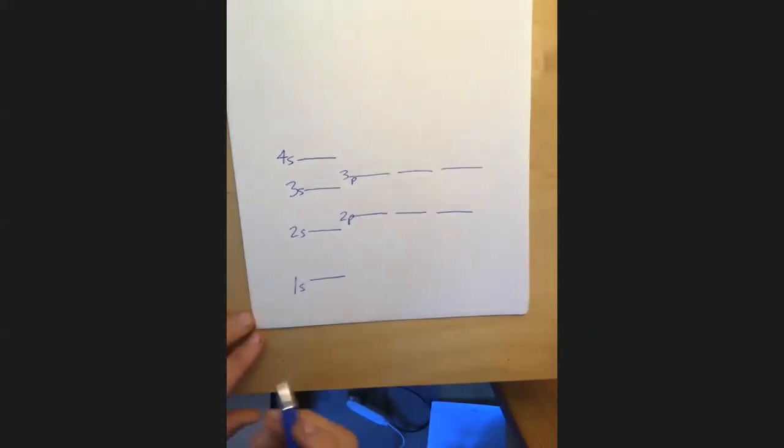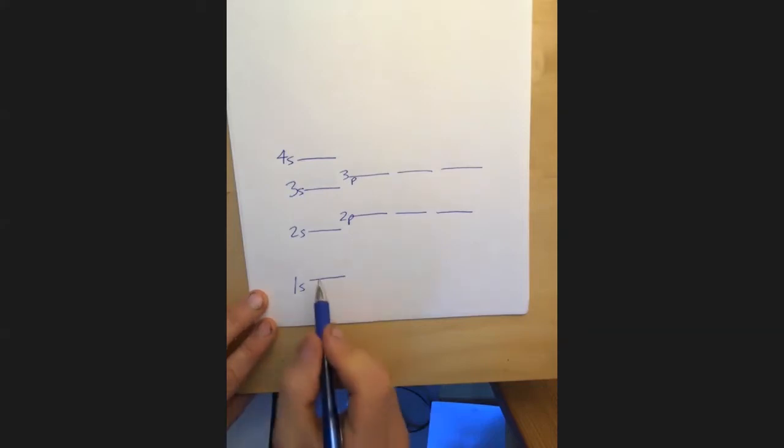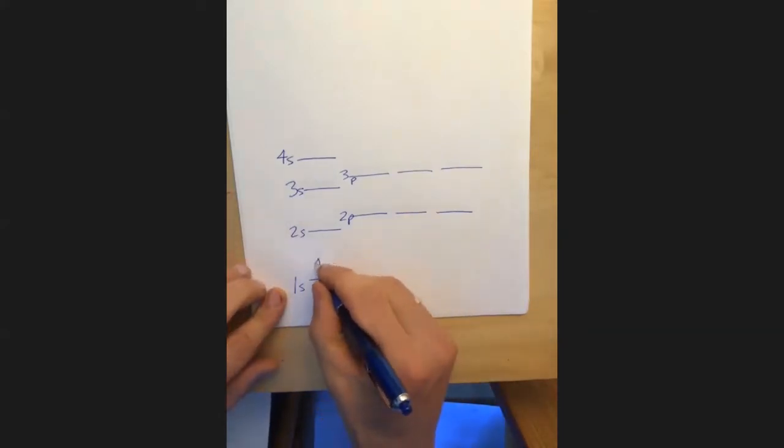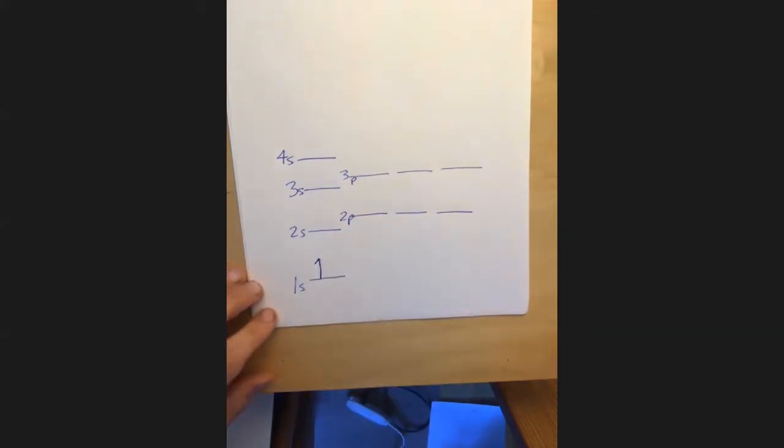Okay. So for hydrogen, it's got 1 electron. In its most stable form, hydrogen is going to put its 1 electron here in the 1s. So for hydrogen, I'm going to draw an electron.